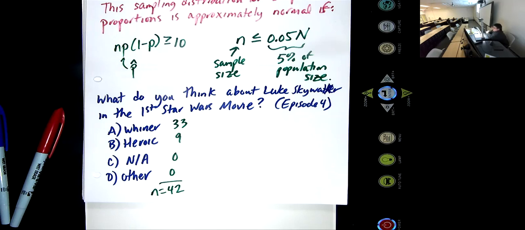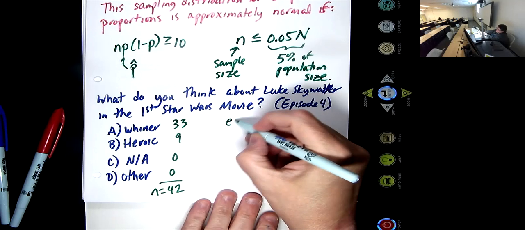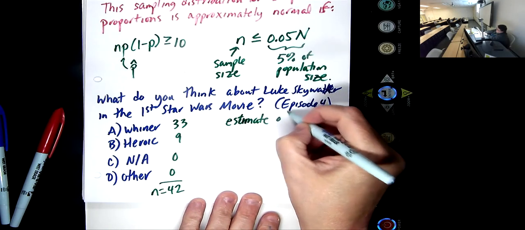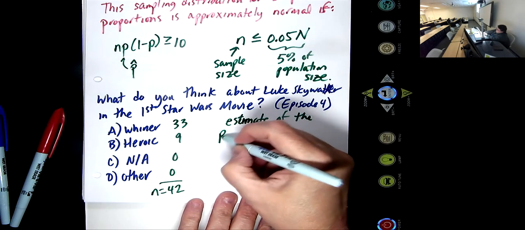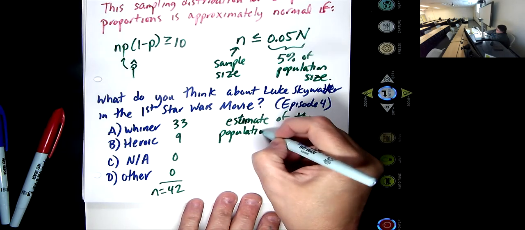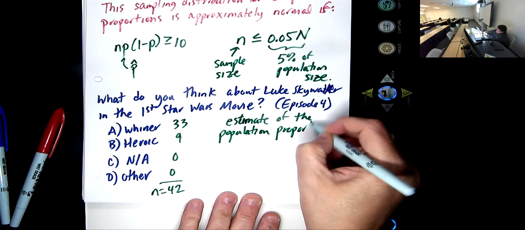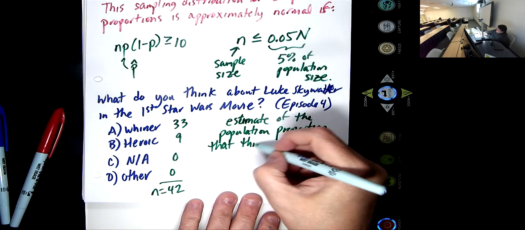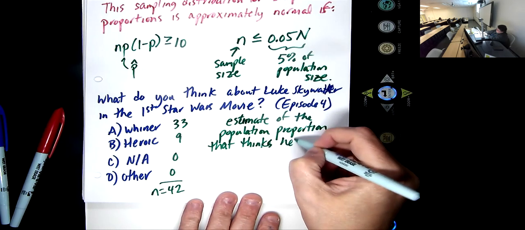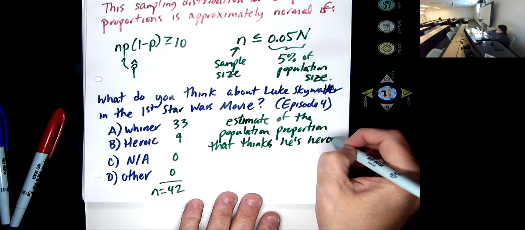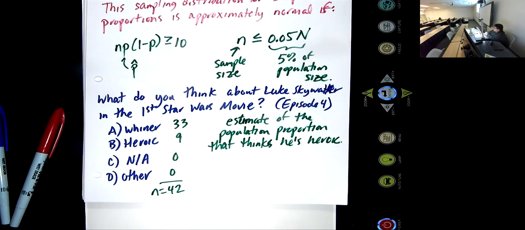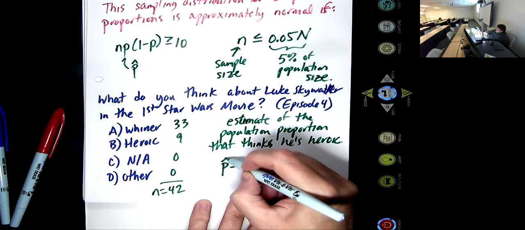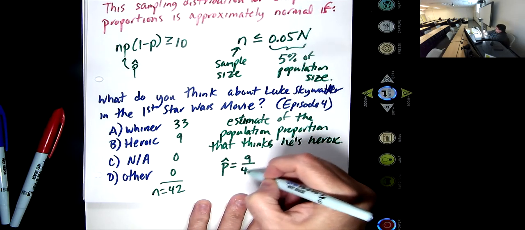So if I wanted to find an estimate of the population proportion that thinks he's heroic, I can build it around my point estimate of 9/42.